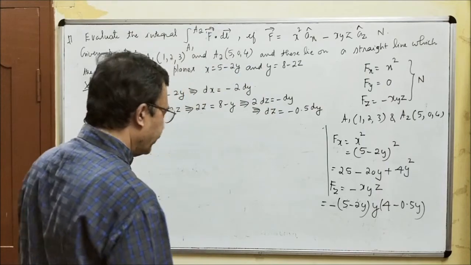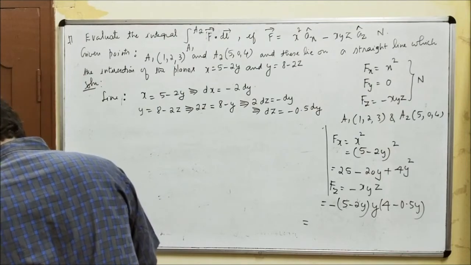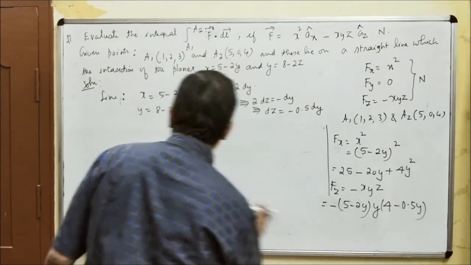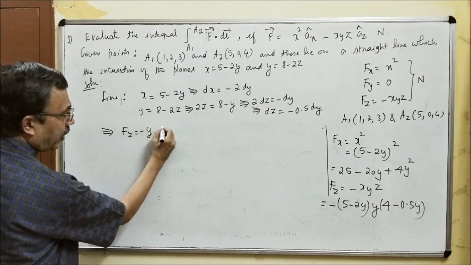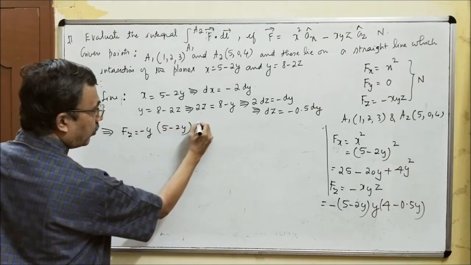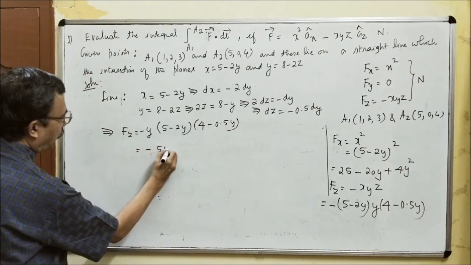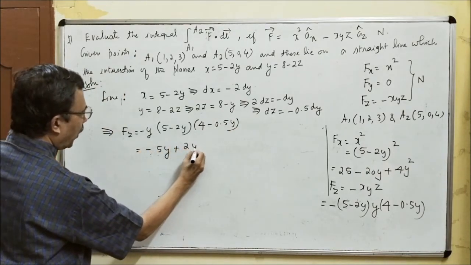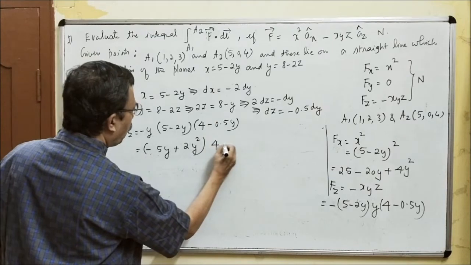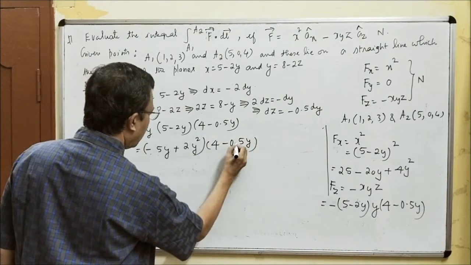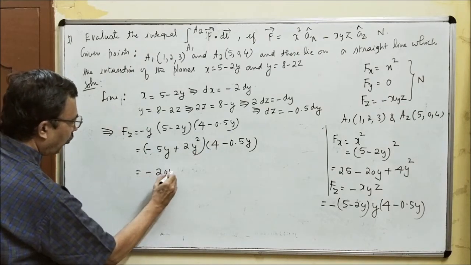Now that has to be expanded. Fz is equal to minus y into (5 minus 2y) into (4 minus 0.5y). Remove the brackets. So this is (minus 5y plus 2y square) into (4 minus 0.5y). Minus 5y into 4 is minus 20y.